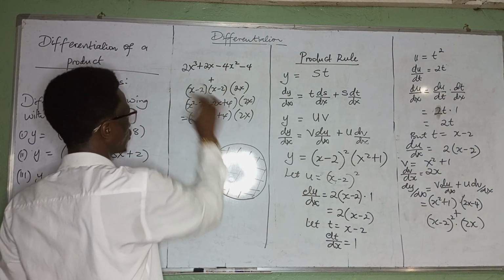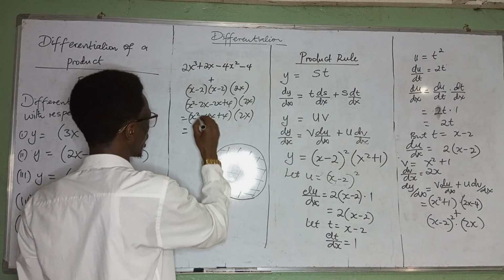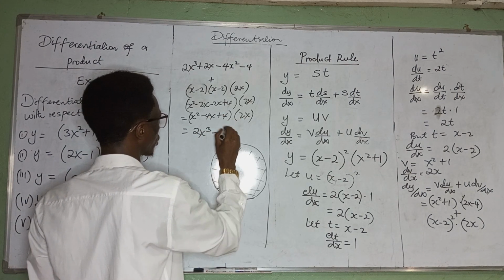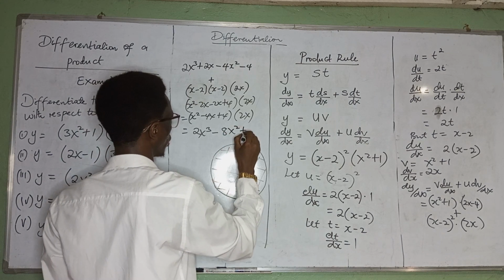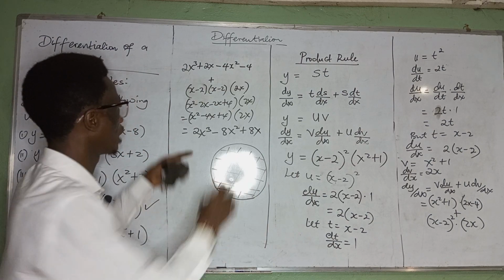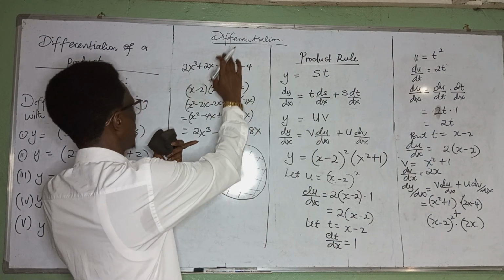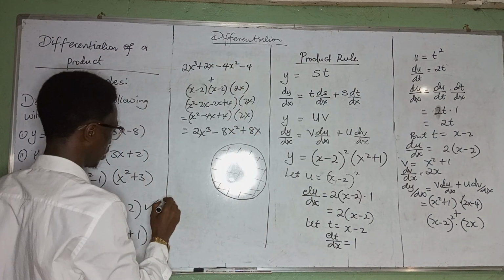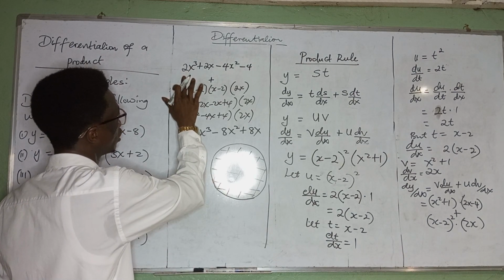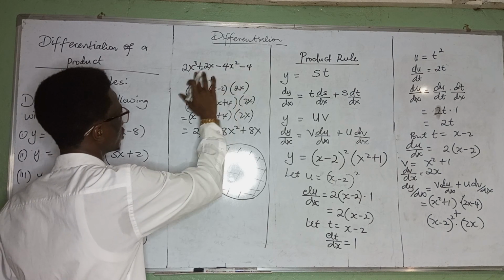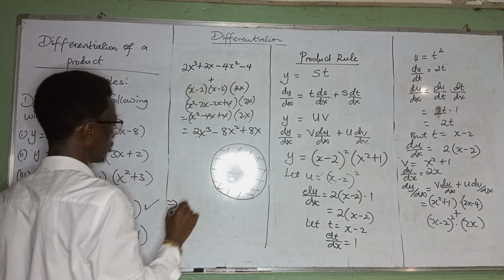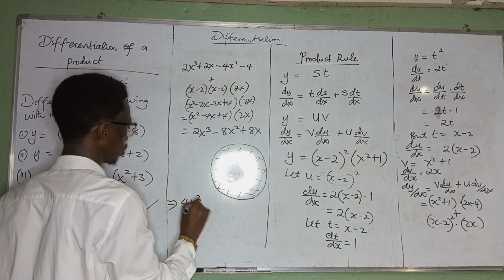Now what you have to do, if I clear this bracket, this becomes 2x cubed, this and this becomes minus 8x squared, plus this and this becomes 8x. So now you are going to add this and this here at the top. So let's collect like terms here. 2x cubed and 2x cubed here becomes 4x cubed.